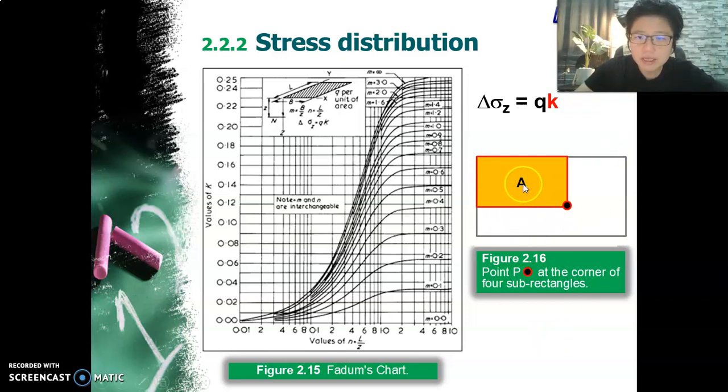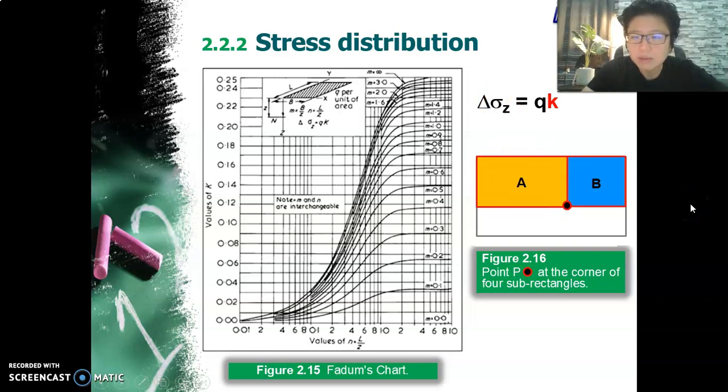So what I've done here is that I have block A or rectangle A. The bottom right corner is touching point P, and measure this L, measure this B, or this B, this L, whichever one, it doesn't matter. Just standardize for the rest of your diagram here, and read off the chart. You get an increment of sigma Z by having this area on the point P, right?